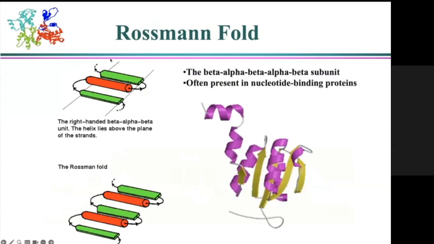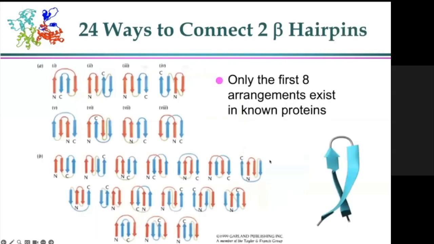One of them is called the Rossmann fold. That is, you can have many of such units, beta, helix, beta, continuously, and you can form the so-called Rossmann fold structure. And then we can see 4 units forming some supersecondary structures.